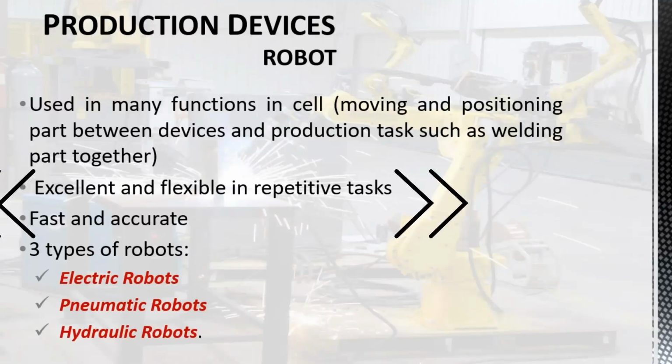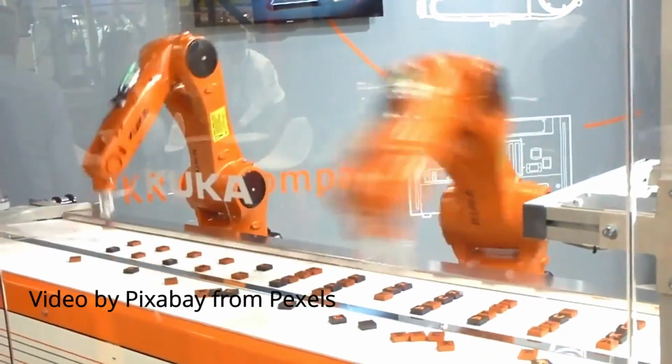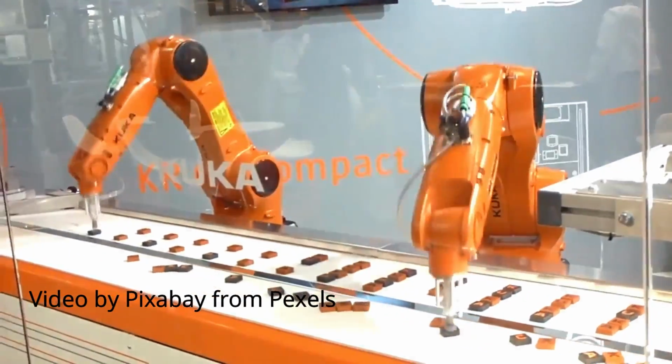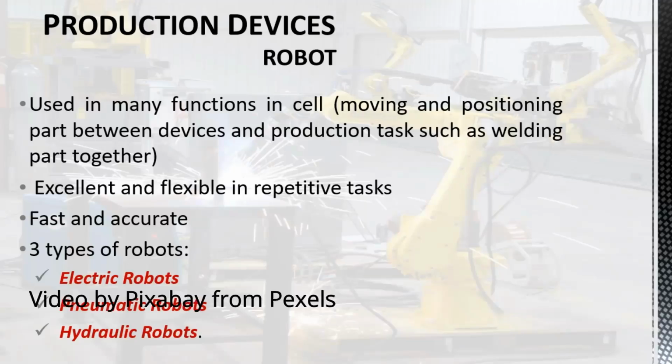The good thing about robots is that they can perform fast and accurate sequential operations for the manufacturing process, which may decrease the time of the production process.